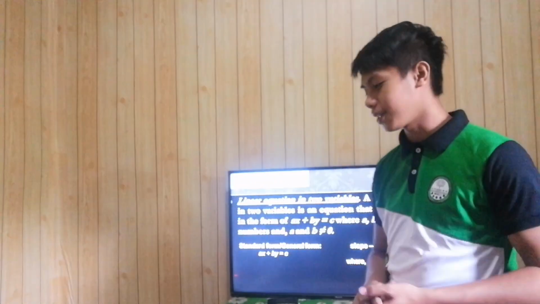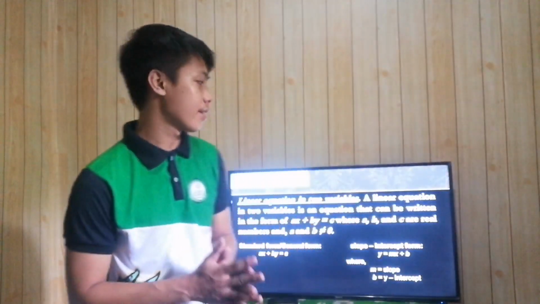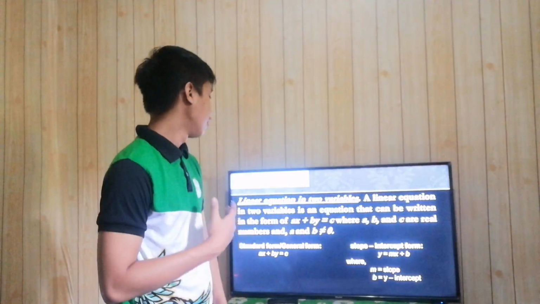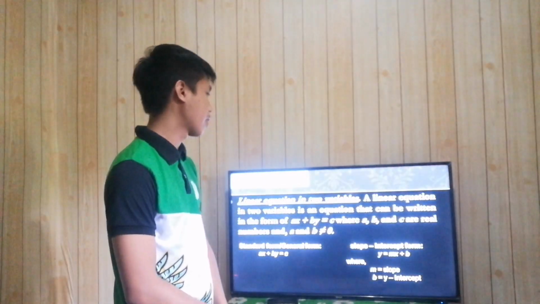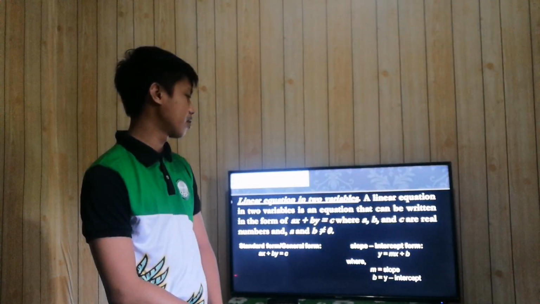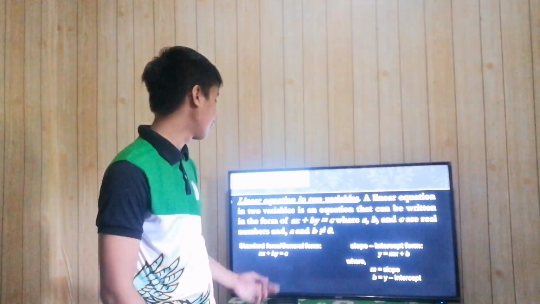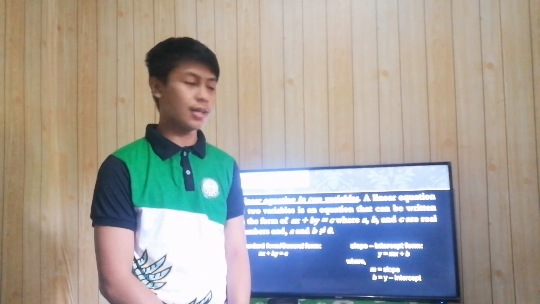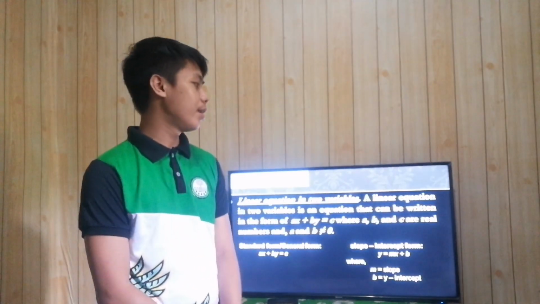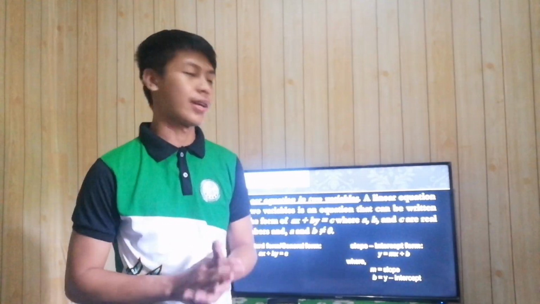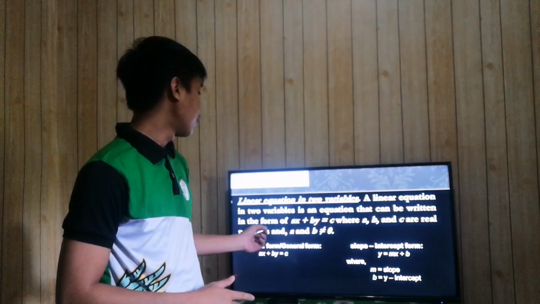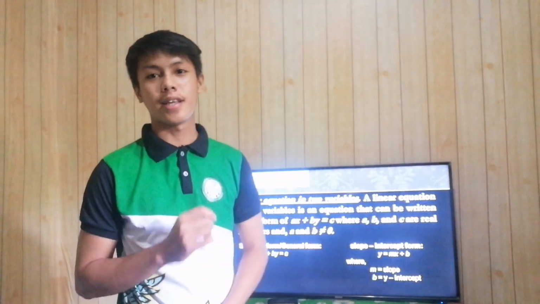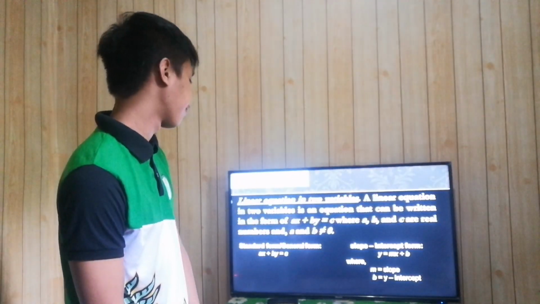So, ito na nga ang discussion natin ngayong araw. So, linear equation in two variables. A linear equation in two variables is an equation that can be written in the form of ax plus by equals c, where a, b, and c are real numbers, and a and b are not equal to 0.